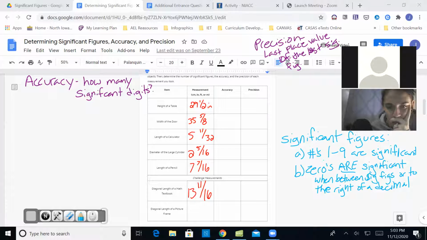If this was 3.0, the 0 is to the right of a decimal point. It counts as a significant figure. We now have 2 significant figures. So this is what those mean.